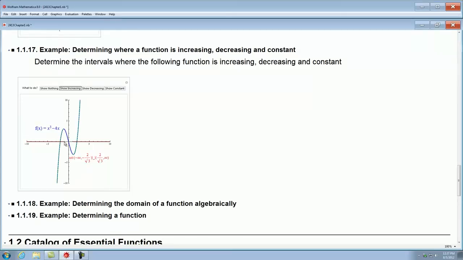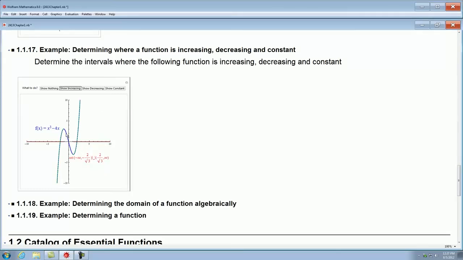That's part of what this class is about. But I just put it here for you at negative 2 over root 3. That's exactly this point. That's where I stop increasing. Then, again, from this point on forever, on my x-axis, I'm increasing. So what's this point? My x value is 2 over root 3. Again, don't worry about where I got that. And then it increases over there forever.